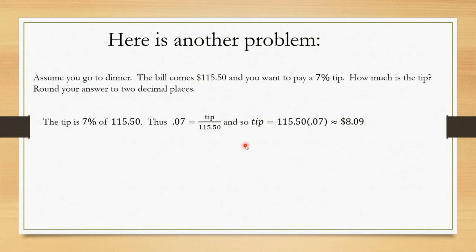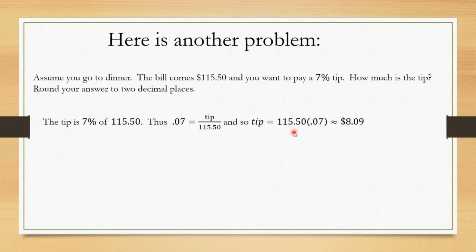So the tip is this product, and from here we get our tip to be $8.09, as you can see. All right, so that's what happens here. Hopefully that wasn't too bad, but now let's kick it up a notch.